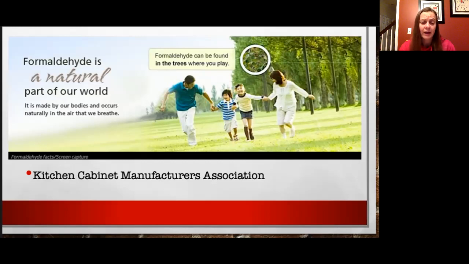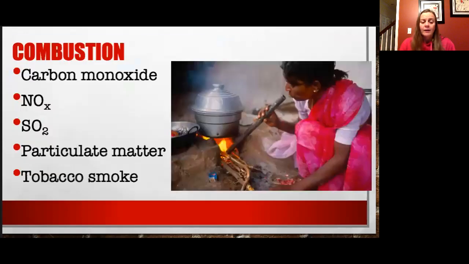Formaldehyde is actually a pretty heavily regulated indoor air pollutant. And so the amounts of it that can be in materials are limited, but it can reach significantly dangerous levels in our homes. Okay. Combustion is another very, very common anthropogenic source of indoor air pollutants.